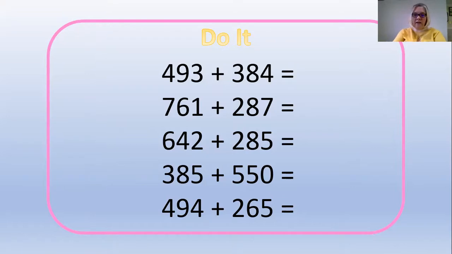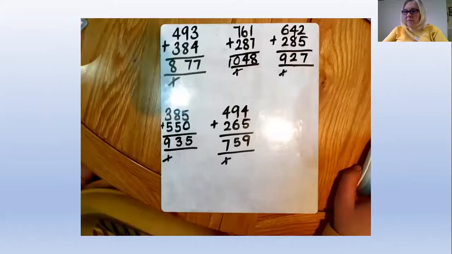Okay, so hopefully you have got something that looks very similar to this. 5 calculations, all written in the column addition, and all written out very clearly. I've crossed out my hundreds that I've exchanged, so I know that I've added those every single time. Can you see the one that was a bit trickier?